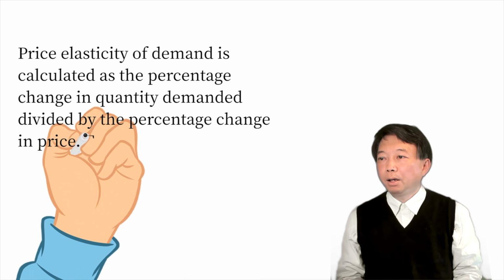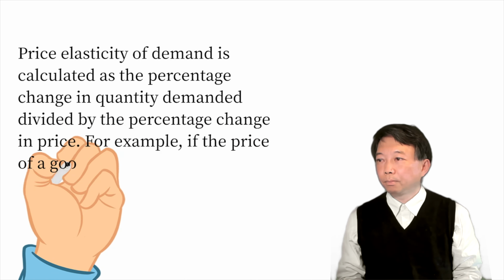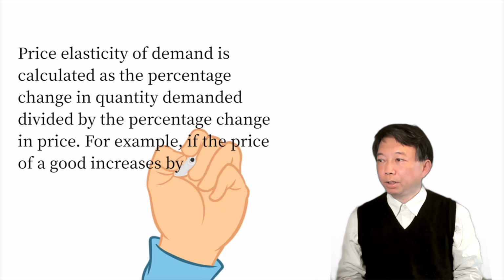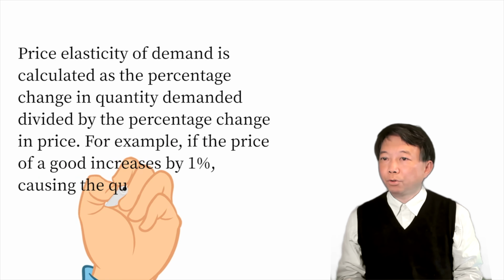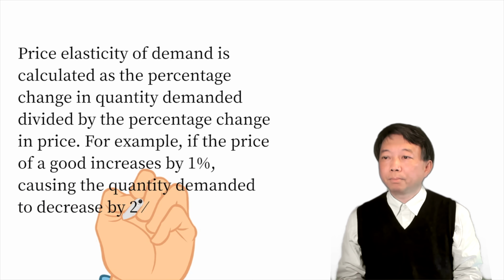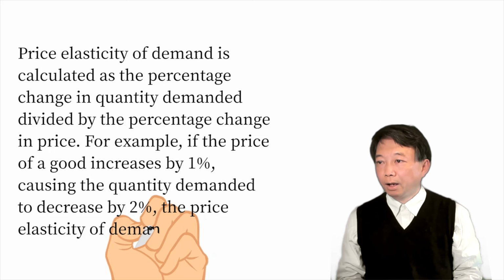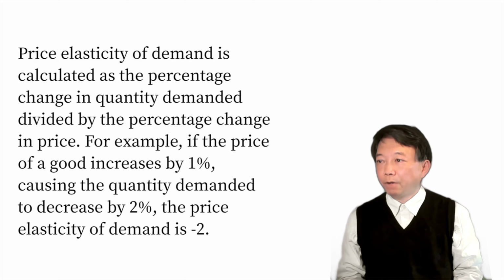For example, if the price of a good increases by 1%, causing the quantity demanded to decrease by 2%, the price elasticity of demand is -2. The minus sign indicates the opposite direction of the demand and the price changes.